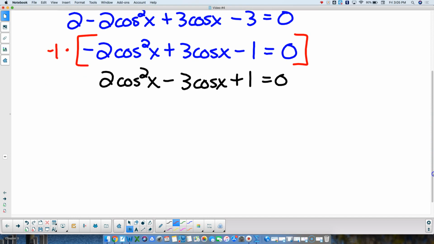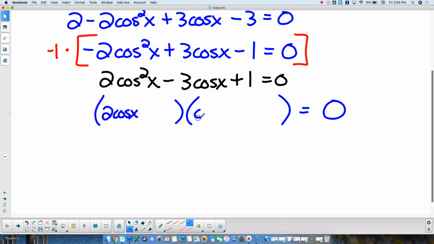Now what we can do is come up with our two sets of parentheses. One of them is going to be 2 cosine of x. The other one's going to be cosine of x. My only choices over here are 1 and 1.